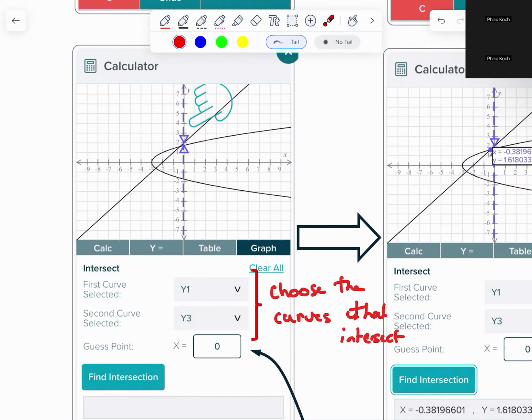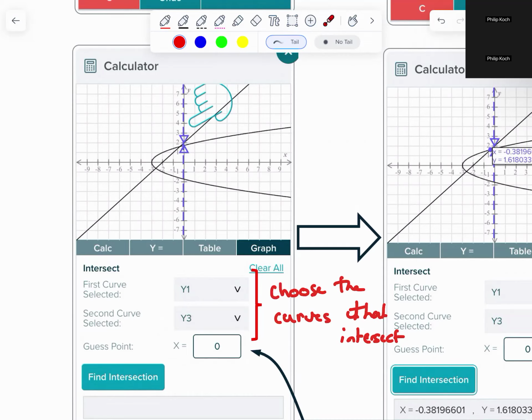And then, once you've clicked on those ones, you have to choose a guess point. Now, what is that doing? That's basically the calculator asking you to give it an initial condition. A calculator, much like with any AI component, is generative AI because it requires you to give it a prompt. You have to ask it something so it can create a response.